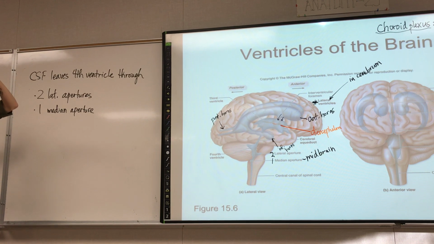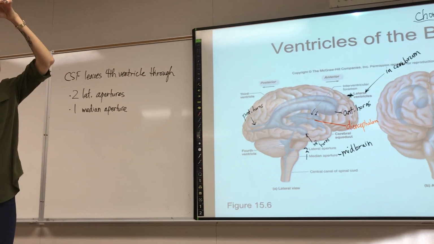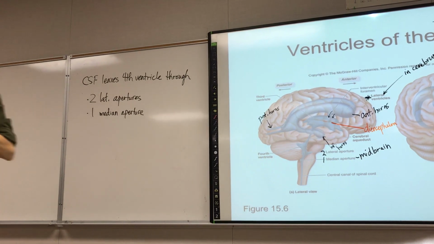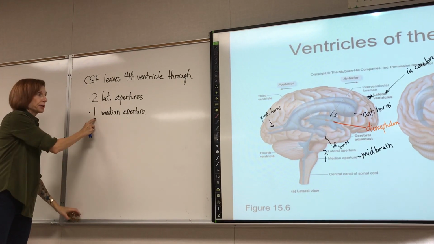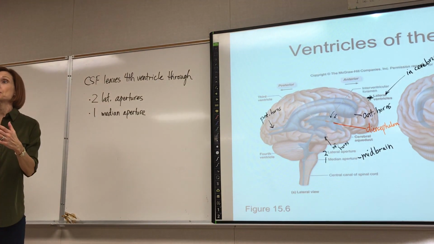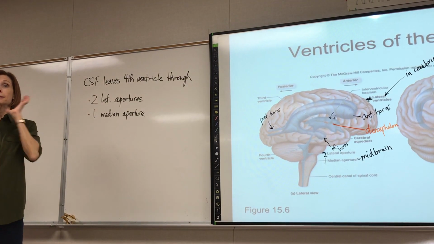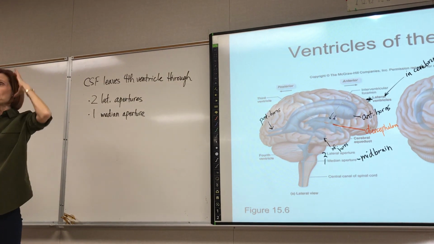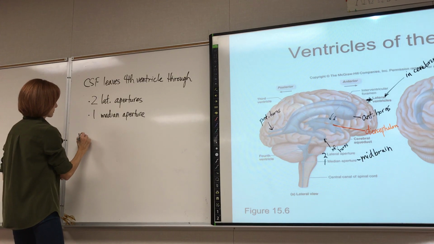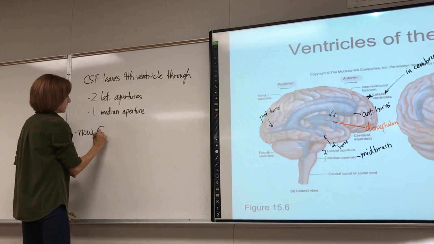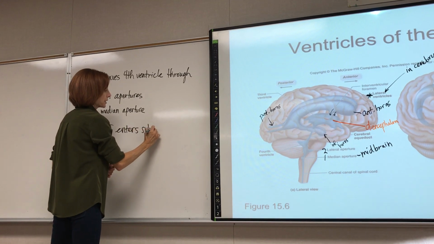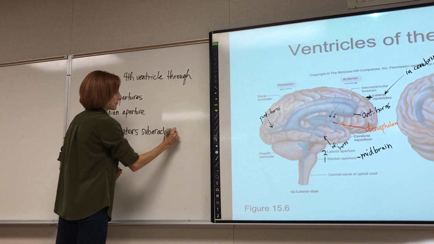So you can kind of see where those apertures would be on the model, but I will not ask you to identify them on the model. But you need to know this. This is important because this is what allows cerebrospinal fluid to now leave the ventricles, and it's going to go into a space where it will now circulate around the brain and the cord. And that space is called the subarachnoid space.